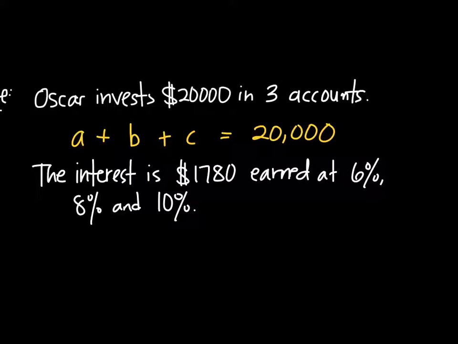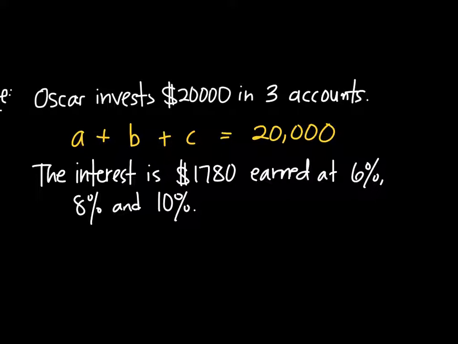All right, period. So I should be able to write an equation from that. Does anybody want to take a stab at that one? It's going to be equal to 1780.